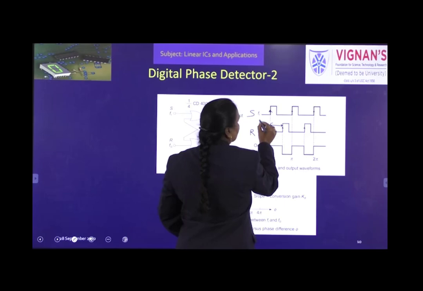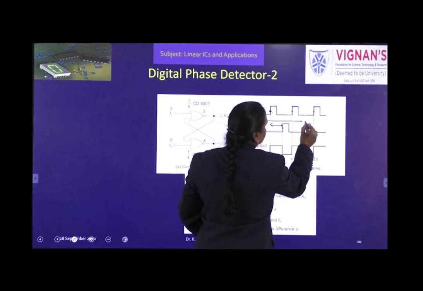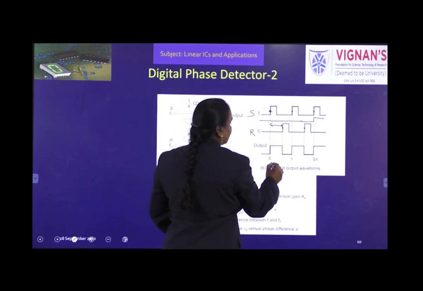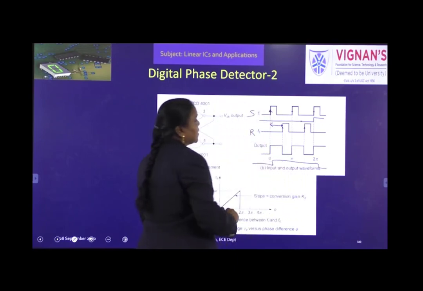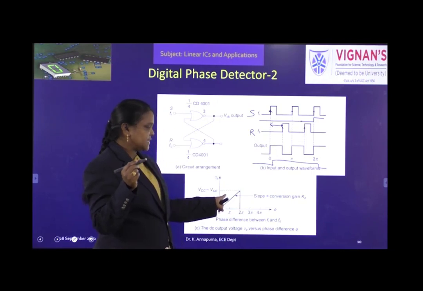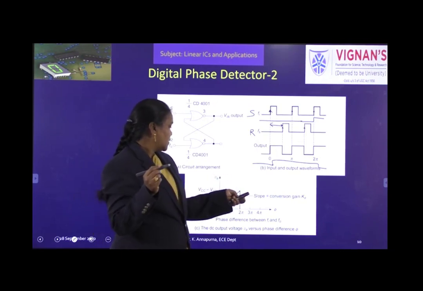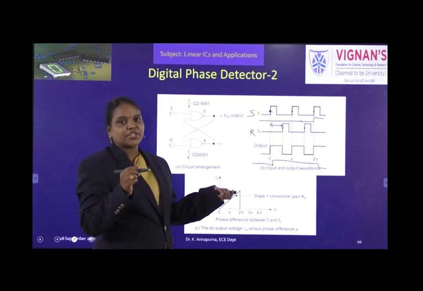Now if I change this to here, what happens? So completely this cycle will be high. Right? That means it is directly proportional to the phase shift. It is linearly proportional to the phase shift. Okay, these are the phase detectors.